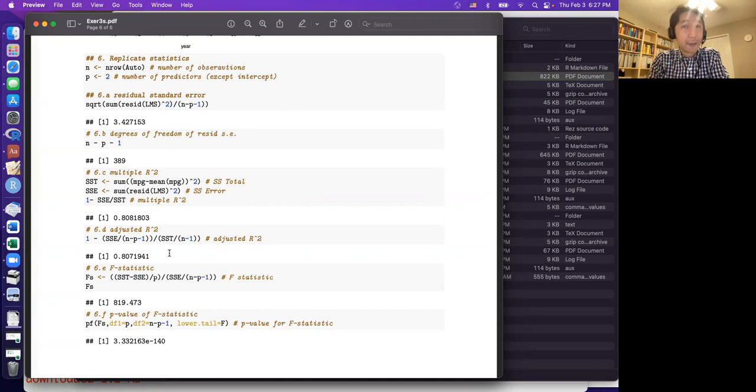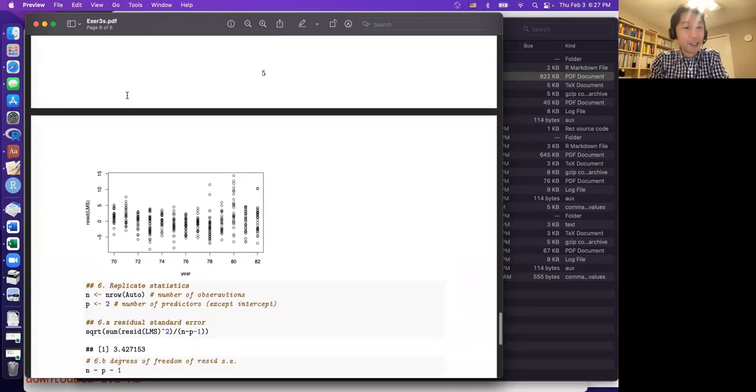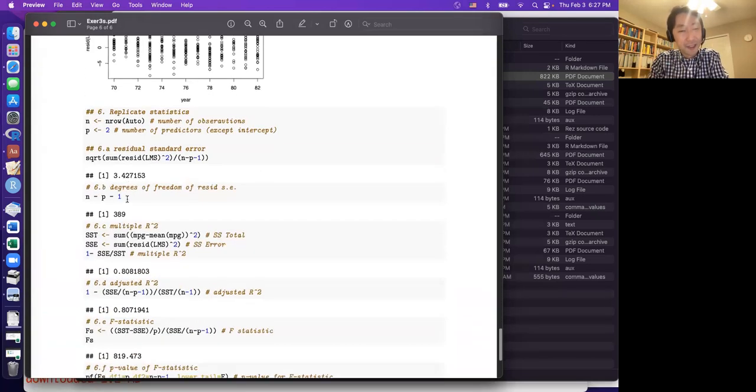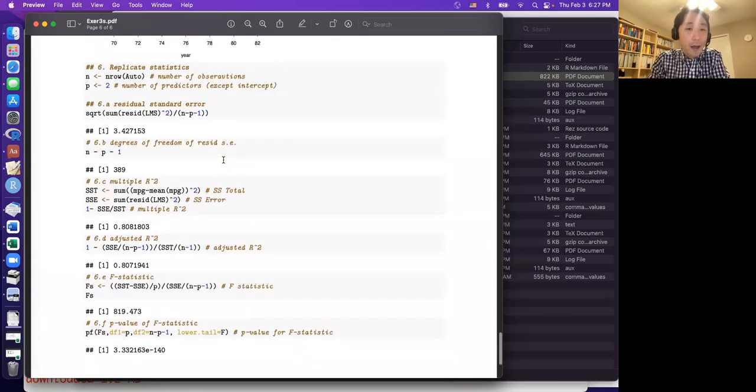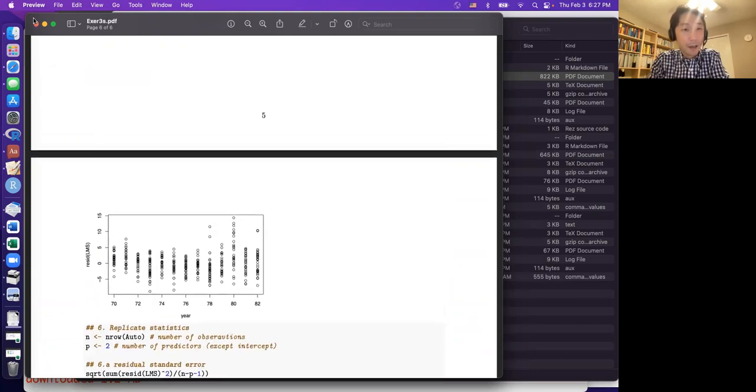If I taught a class in business school or economics or biology, maybe these questions would be difficult, but for math or computer science majors, as long as you have the definition, most students are very good at calculating these. You can get the same answers as the LM function.